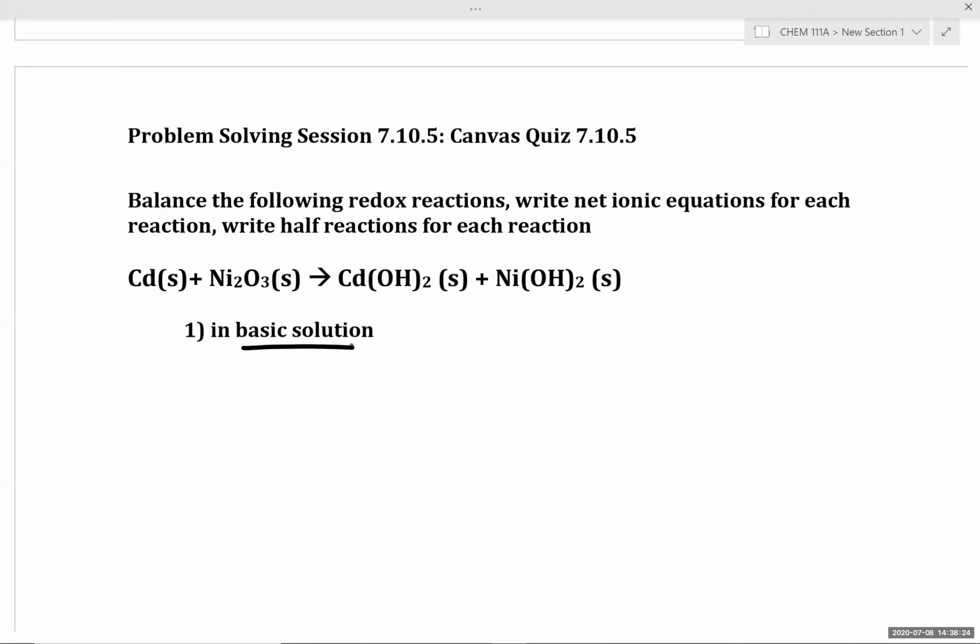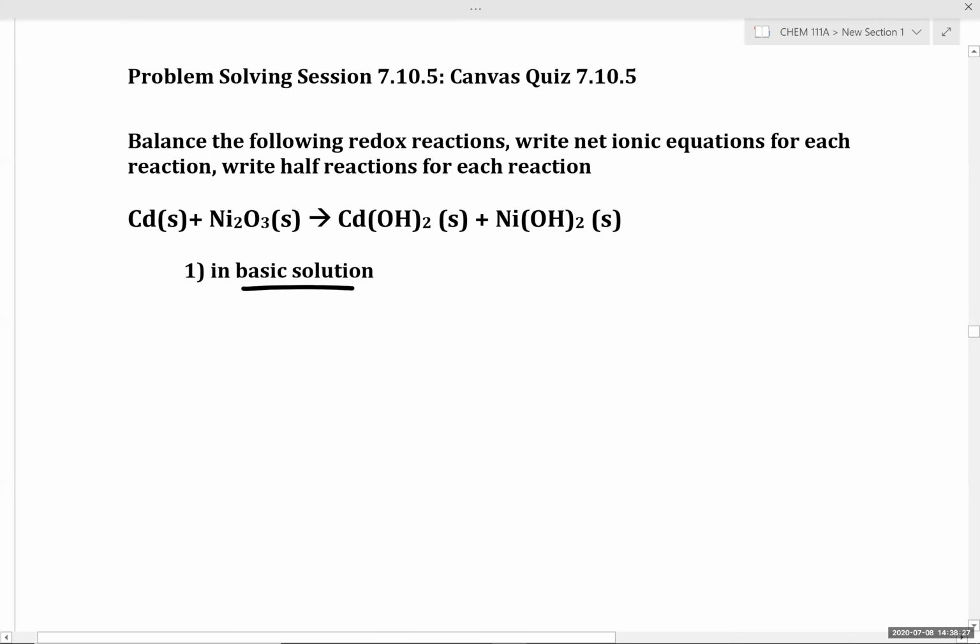So let's give our best attempt to balance these redox reactions, and in about 4 minutes, we'll discuss the half reaction involving cadmium. This example is a little bit more straightforward in terms of the compound's complexity, but you need to be very, very careful with counting your atoms for this reaction.